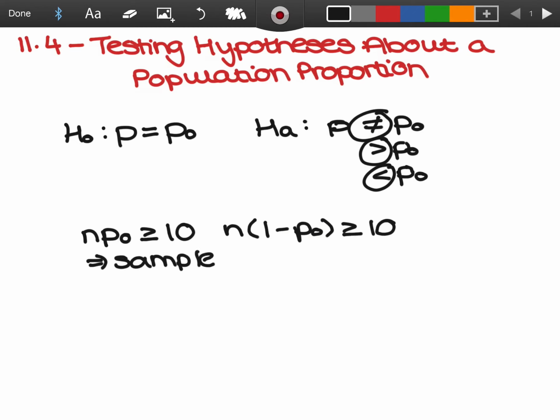And that allows you to take that Z transformation where you deal with the sample proportions, because your sample proportions are now normally distributed, which therefore means you can get your test statistic, which is the Z transformation.